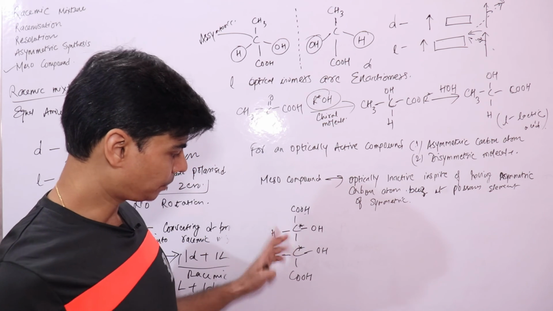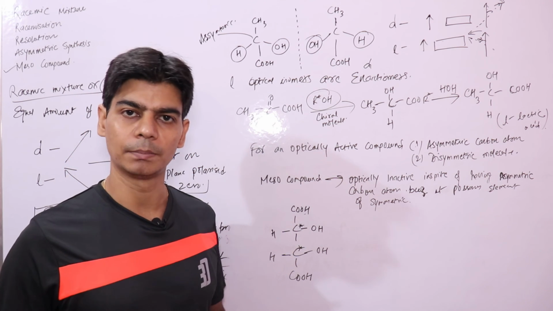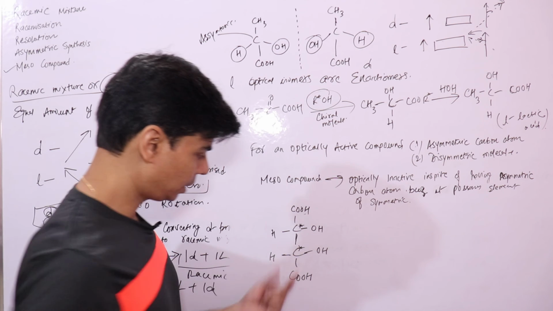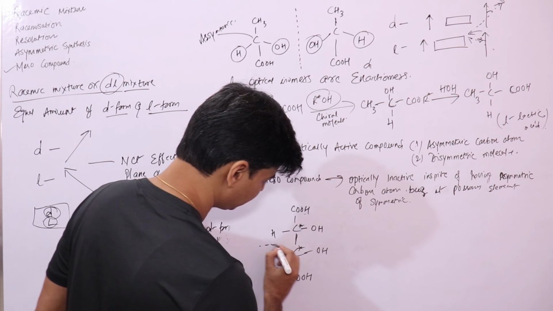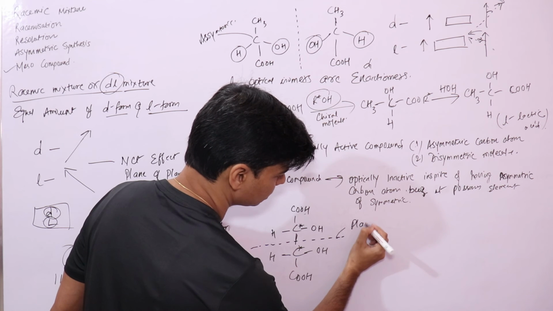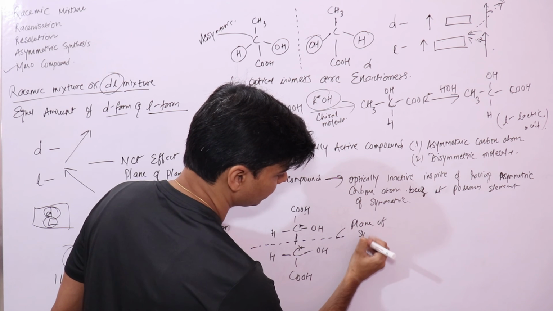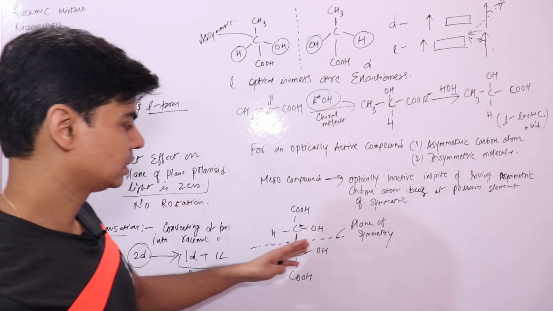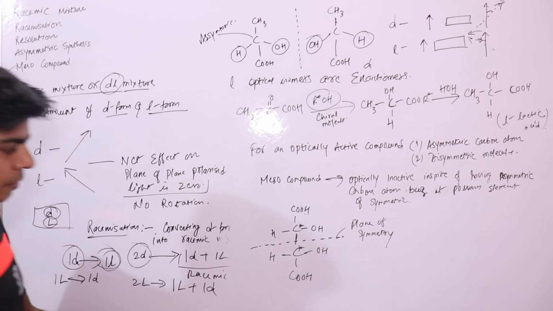But still this compound is an optically inactive compound. Why? Because it possesses a plane of symmetry that passes through this point, right? It possesses this plane of symmetry. That is why this is an optically inactive compound, right?